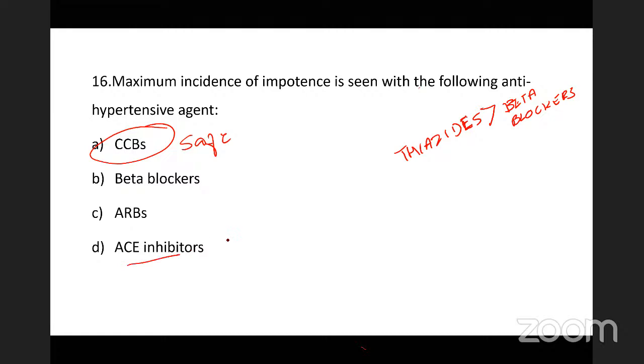ACE inhibitors are also safe. So if you remember the rank order, and thiazides is among the options, go for thiazides. That is the highest risk of sexual dysfunction. Next is beta blockers. Among the given options, calcium channel blockers and ACE inhibitors are safe. So the answer is beta blockers.